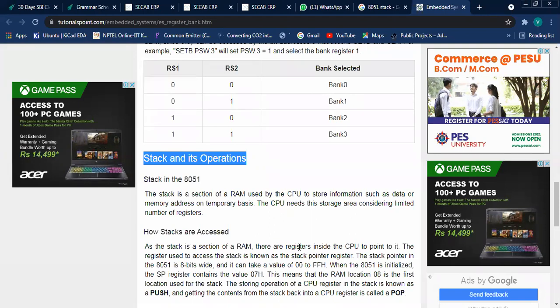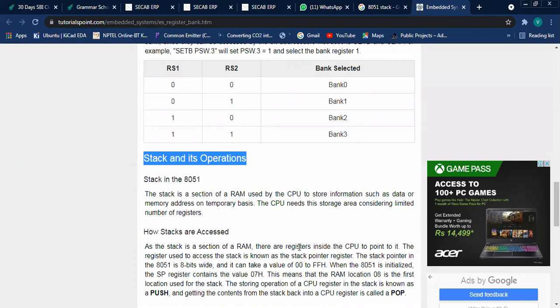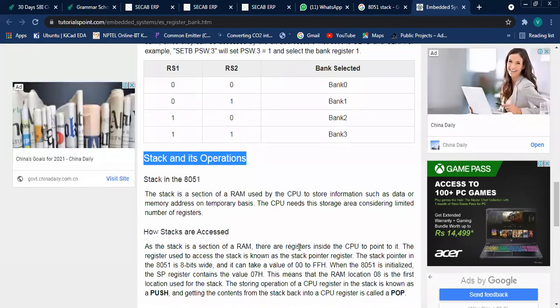Whenever there is an execution of the program, during that time, if we require some memory space on a temporary basis to store data of the program while executing, then I am going to use the stack memory. The stack memory is used for that purpose.